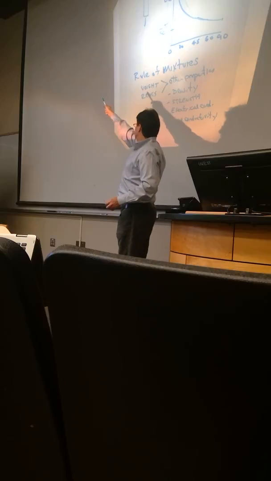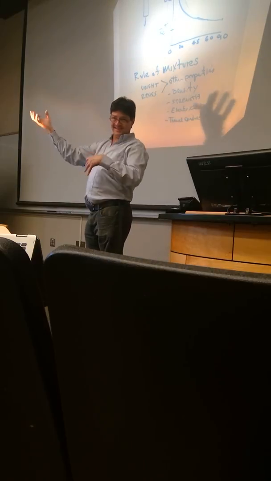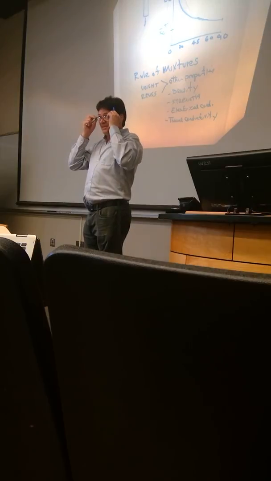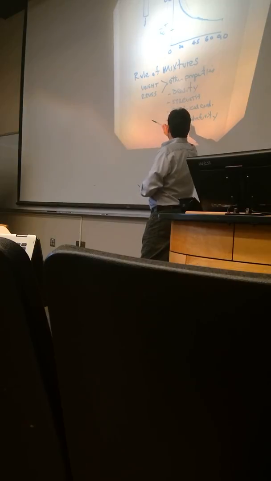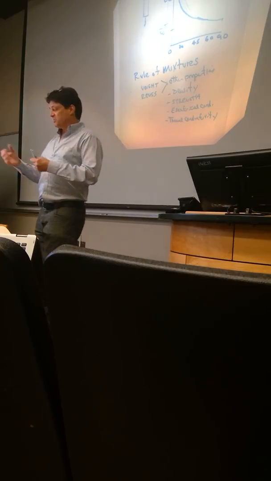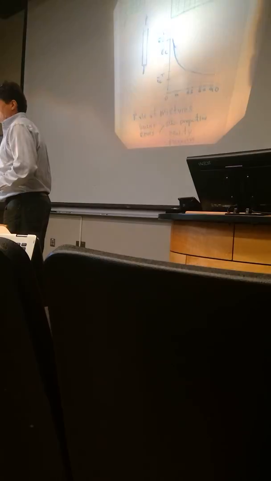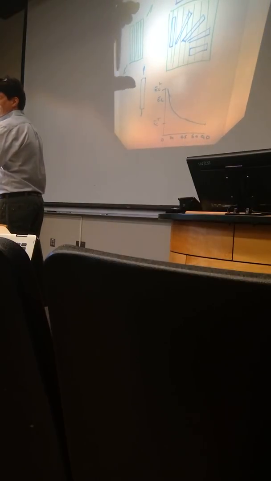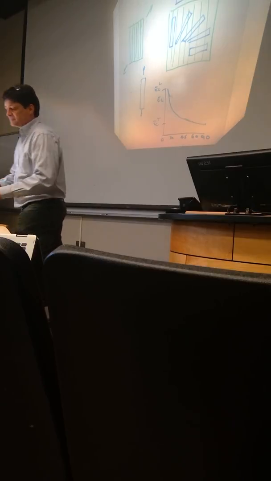Density is pretty much always just the Voigt model. Density of this and density of that, you mix them together, it's just going to be the linear rule of mixtures. But things like strength, electrical conductivity, thermal conductivity, and other properties, thermal expansion, can also follow these. If you think about thermal expansion in this direction, it's going to be different than the thermal expansion in that direction according to the properties of your material.